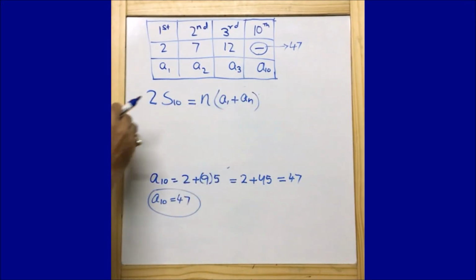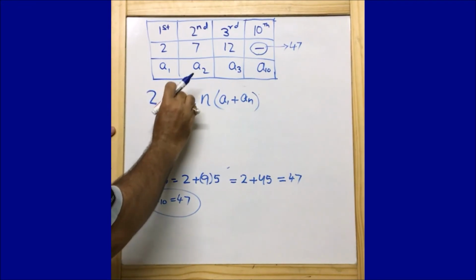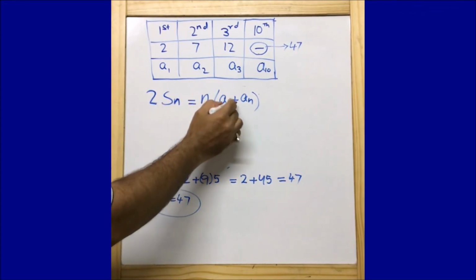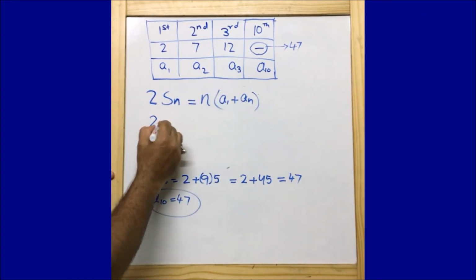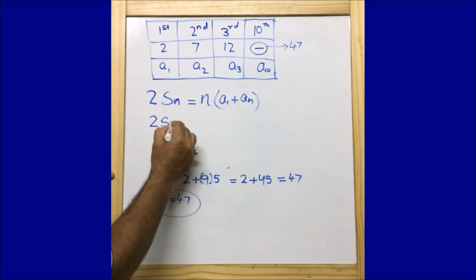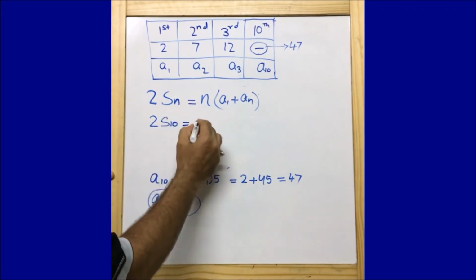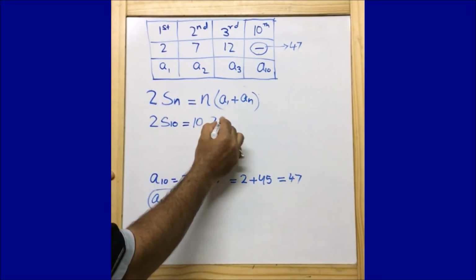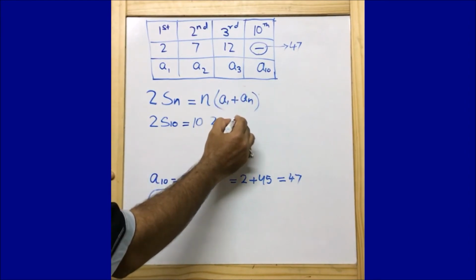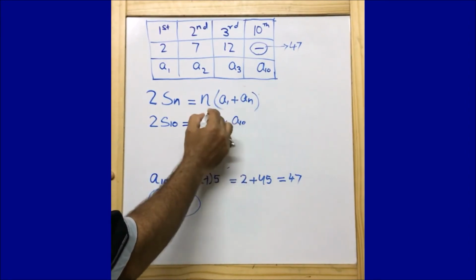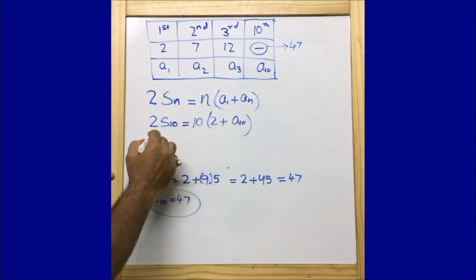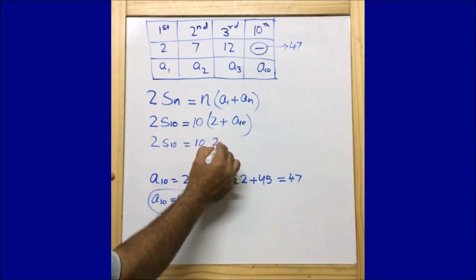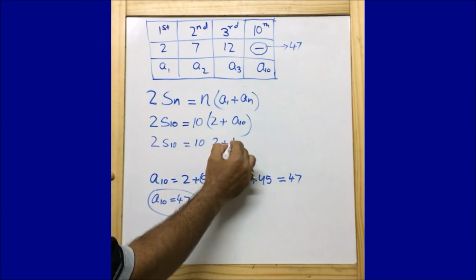Here, this is the formula, 2Sn is equal to n into a1 plus an. Just replacing the values, I can write 2S10 because we are going to find the sum of the 10th term. 2S10 is equal to n here is 10, a1 here is 2 plus an or a10. Now I can write 2S10 is equal to 10 into 2 plus a10 is 47, that is what we derived just before.